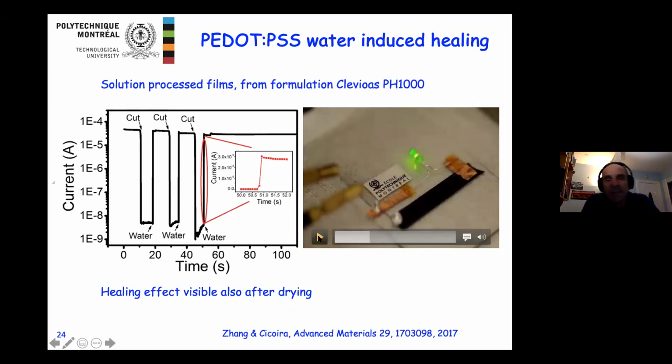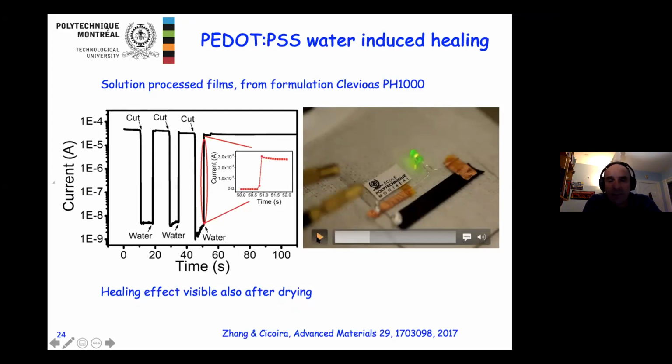And you can see that as soon as we put water into the cut, the LED lights up again. You can see better on the left part of the graph: when you cut the material, the current drops almost to zero. Then when you add water, the current goes back to the initial value.